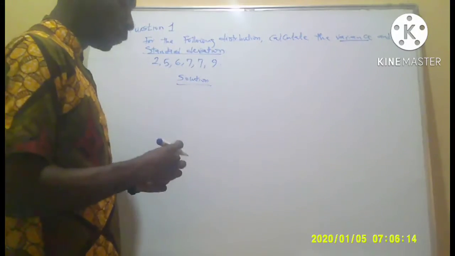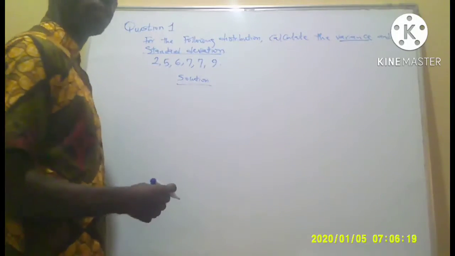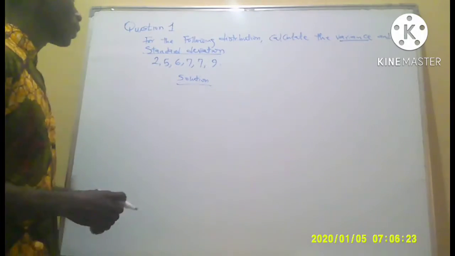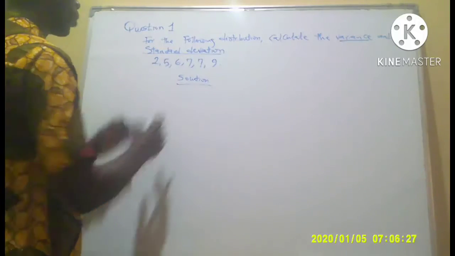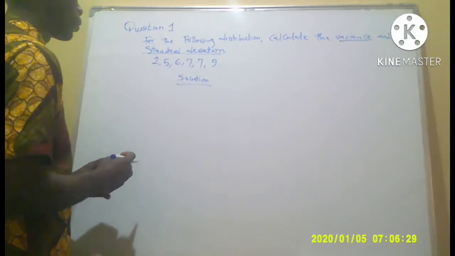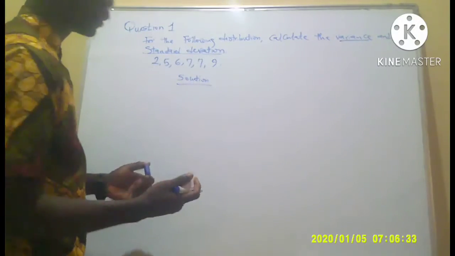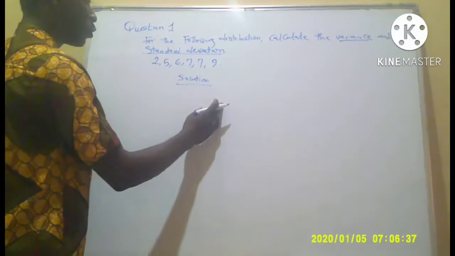Remember from the previous video, we discussed the formula for mean deviation, how to find the variance, and the formula for standard deviation. But first of all, let us take this data into consideration because that's the question given to us. Remember, this data doesn't have frequency, so we are going to sum each of the data together.